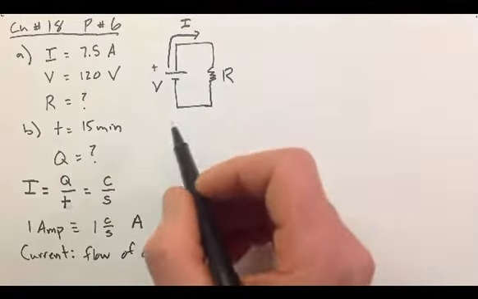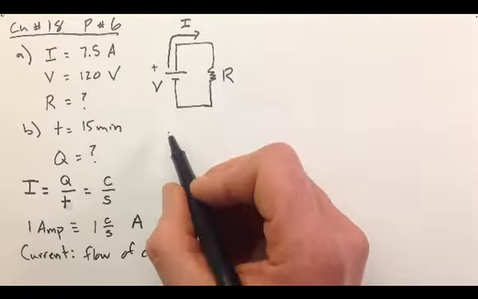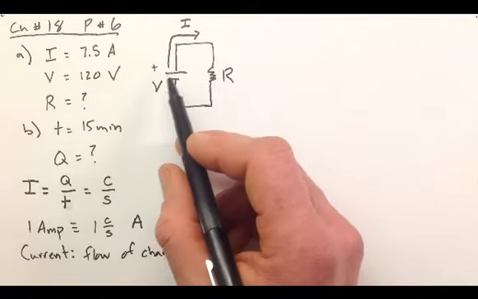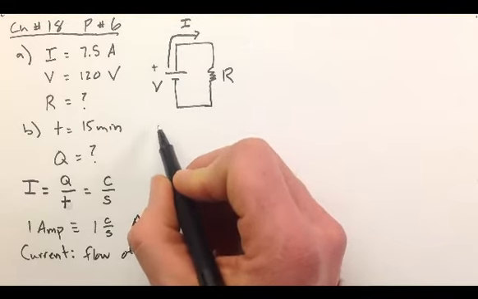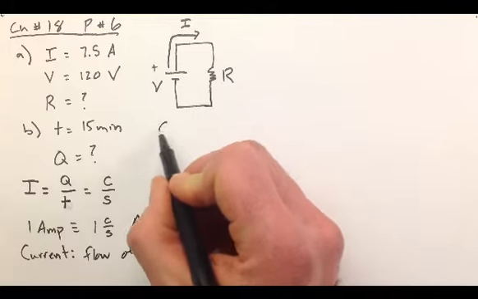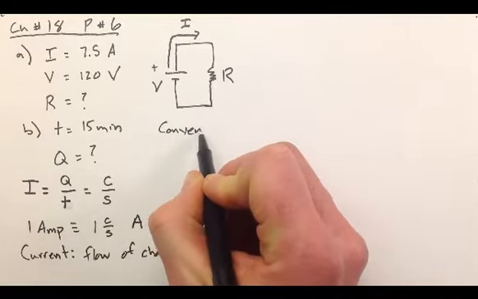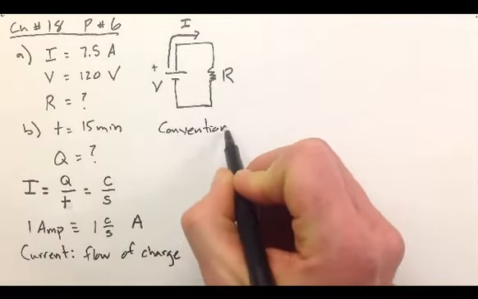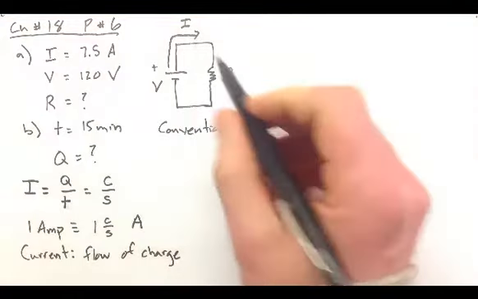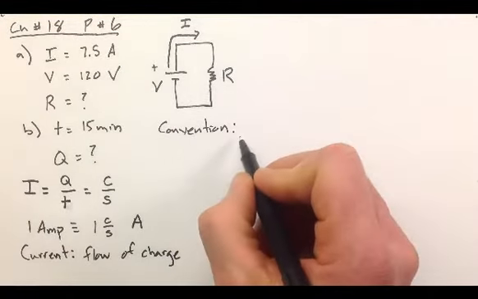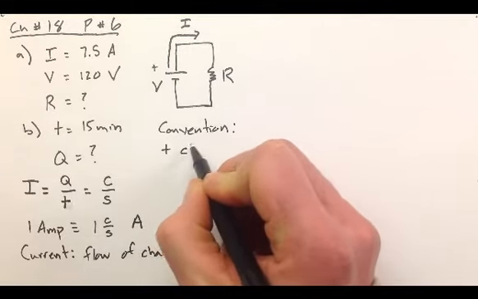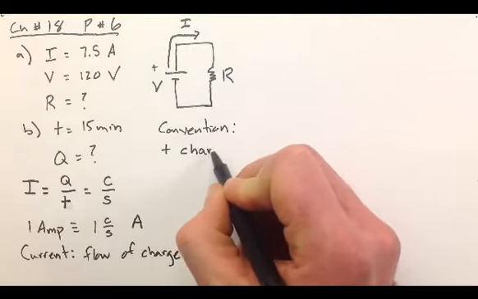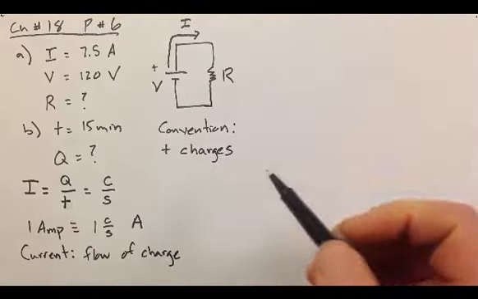One other thing I should talk about here that's a little bit confusing. We have a convention with current. And the convention goes like this. Traditional current, the convention is that charge flows through a circuit in the direction positive charges would move.